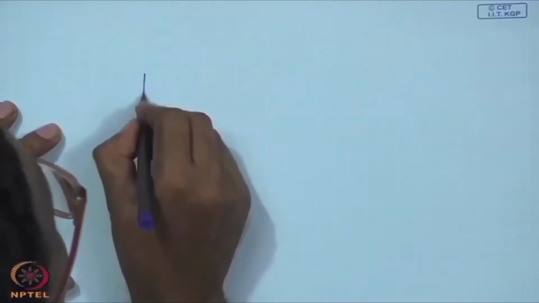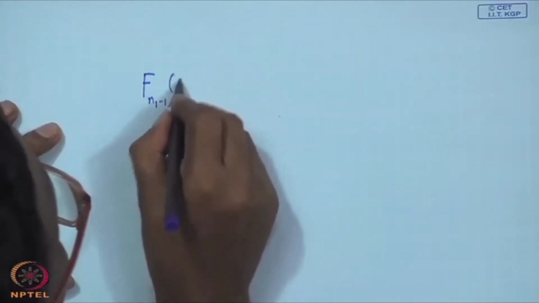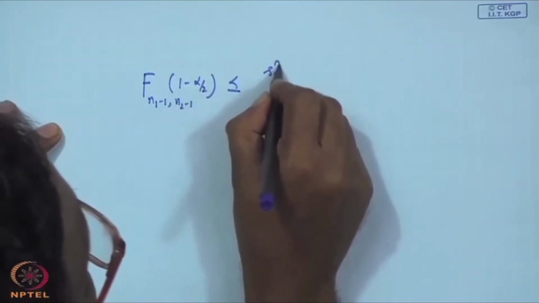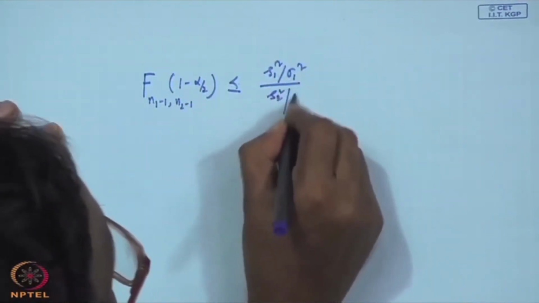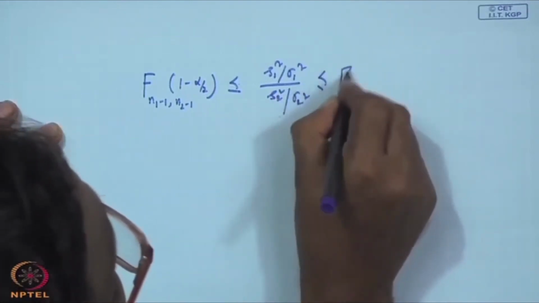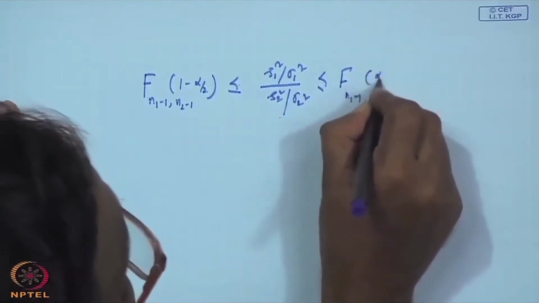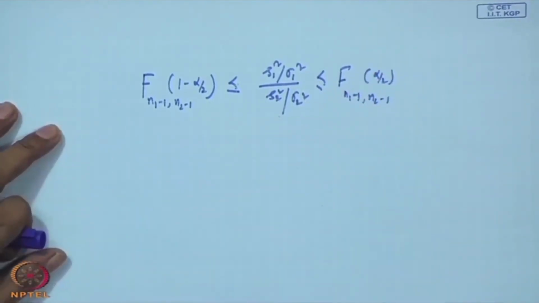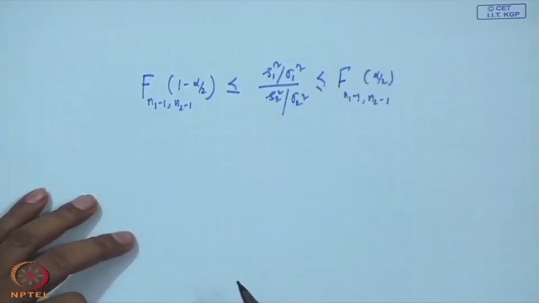So what we have done then? We found that F n1 minus 1, n2 minus 1, 1 minus alpha by 2 is less than or equal to S1 square by sigma 1 square divided by S2 square by sigma 2 square, which is less than or equal to F n1 minus 1, n2 minus 1, alpha by 2. You want sigma 1 by sigma 2 whole square. So, what do you require to do now?